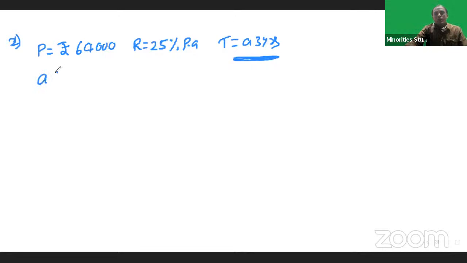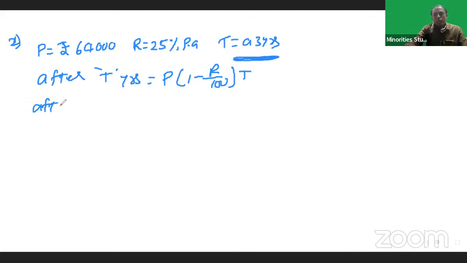The machine value after 3 years is equal to P into (1 minus R by 100) whole power T. P value 64,000 into R value 25, so 1 minus 25 by 100, whole power time is 3 years. 25 ones are 25, 25 fours are 100.